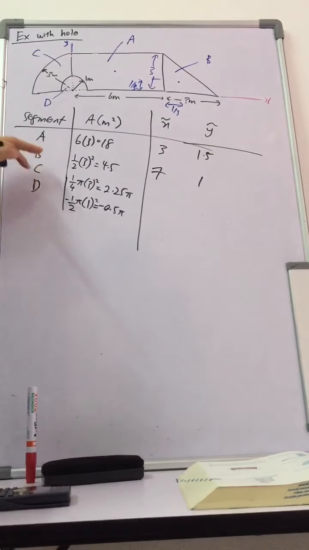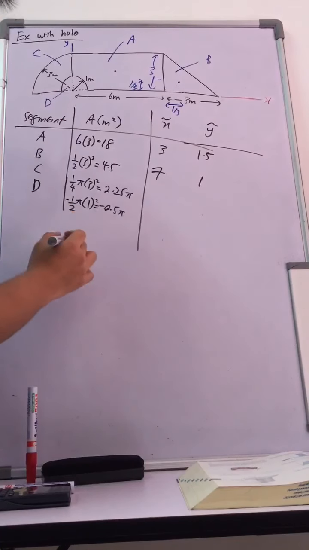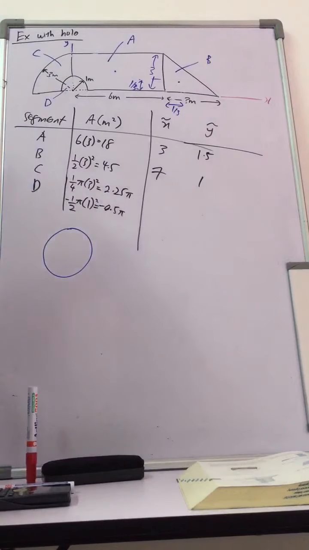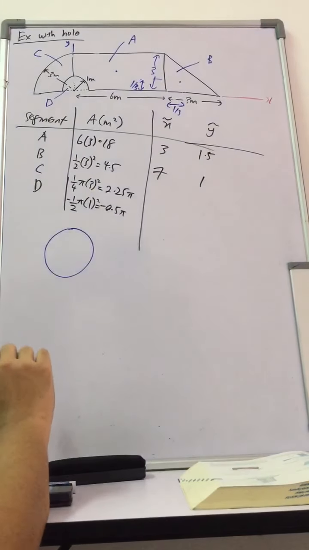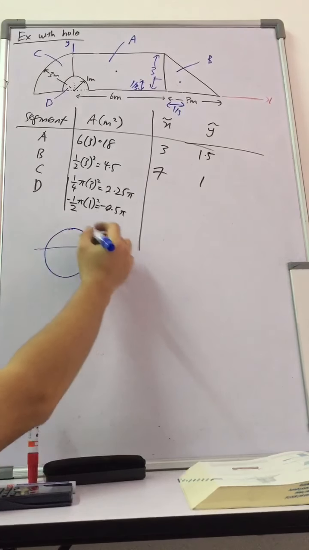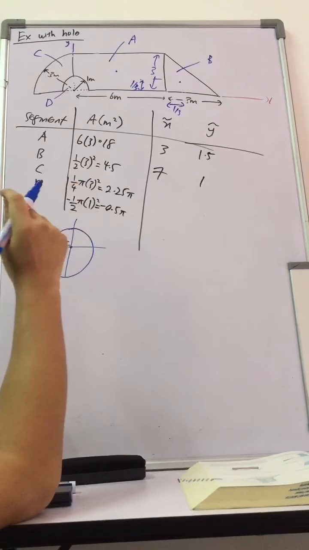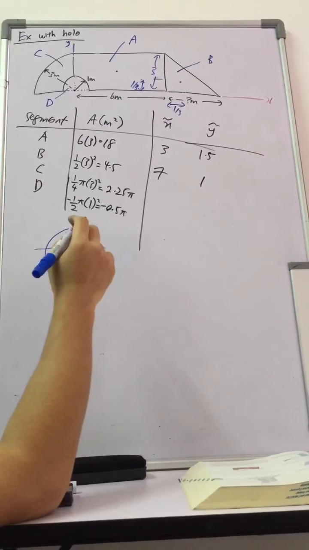Okay, for C and D, let me show you something first. For C and D, again, this can be found in the back cover of your textbook. If it is a full circle, the centroid will be in the middle. I mean, the center of the circle is the centroid itself. It's clear, isn't it? That's very logical.